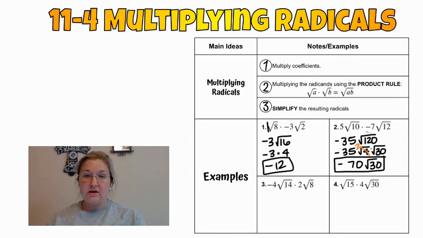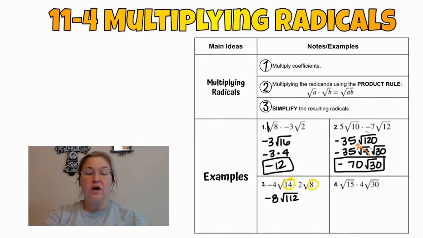Okay, so here we're going to have negative 4 times 2, which is going to be negative 8. So I multiplied my two coefficients first. Now I'm going to multiply my two radicands together. So I'm going to have 14 times 8. That's going to be the square root of 112.